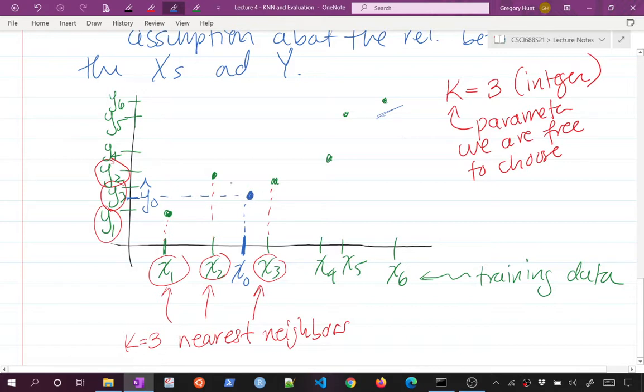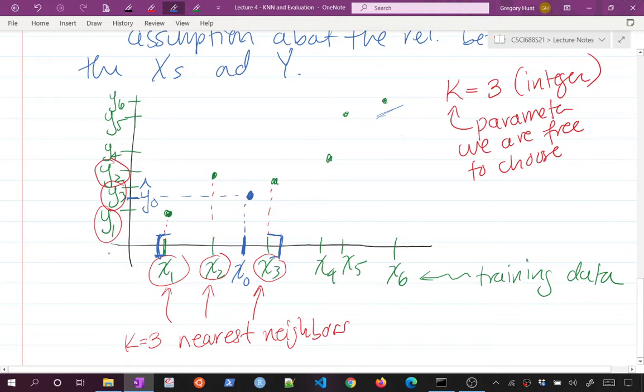We don't have to care about points that are far away, but locally the value of y of my function should be kind of an average of the things I see. So you can think of it as having some neighborhood around x naught, call it the k neighborhood, because it's the k closest points, and I'm only going to pay attention to points in this neighborhood and then average things there.